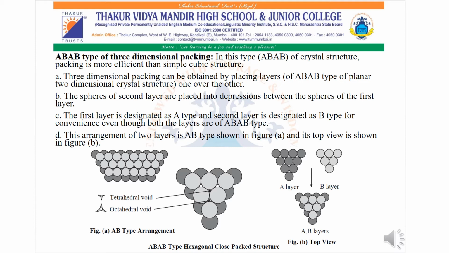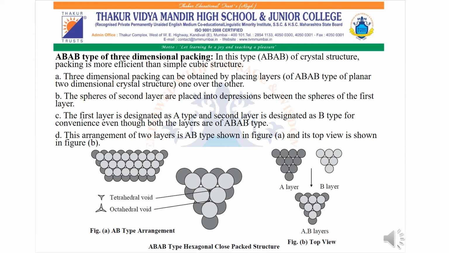A tetrahedron can be formed by connecting the center of 4 spheres involved in the formation of a tetrahedral void, and an octahedron can be formed by connecting the center of 6 spheres involved in the formation of an octahedral void. For n close packed spheres, the number of octahedral voids is n and number of tetrahedral voids is 2n.